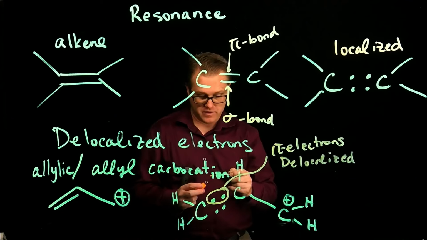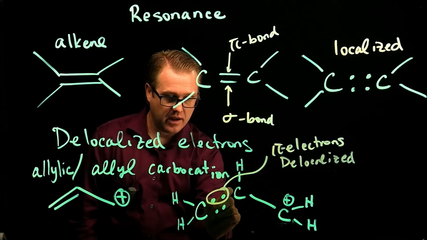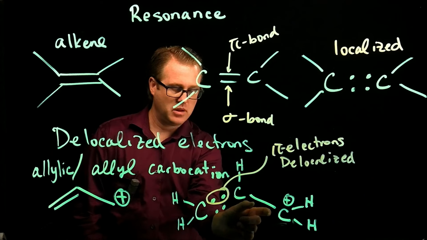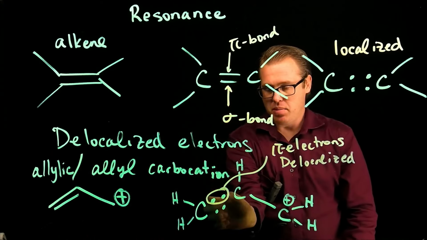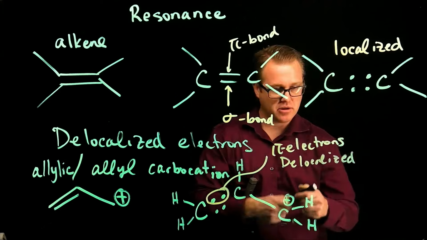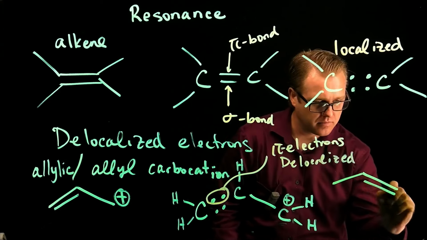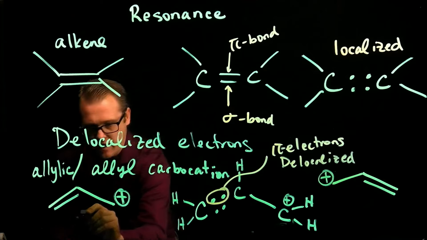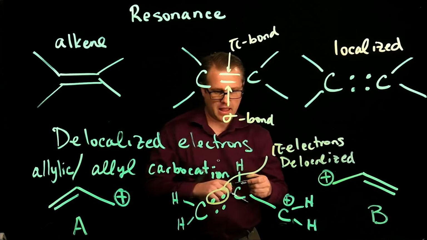They can move. Those pi electrons right there, they can move over here. So when I take those delocalized pi electrons and move them over here, I get a structure that looks like this. So we have structure A and structure B.